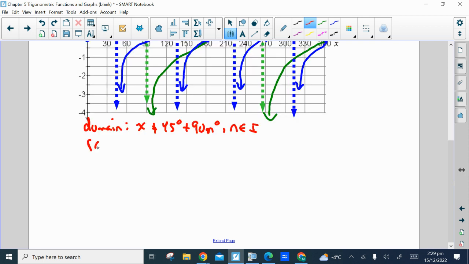The range hasn't changed though, it still goes up and down forever. Okay?